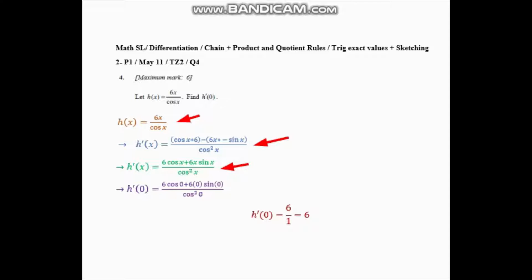And then I replace the x in the green expression with 0 because I'm required to find h dash of 0. So 6 cosine of 0 plus 6 times 0 sine 0. We know that cosine 0 is 1 and sine 0 is 0. So this gives me 6 over 1, which gives me 6.